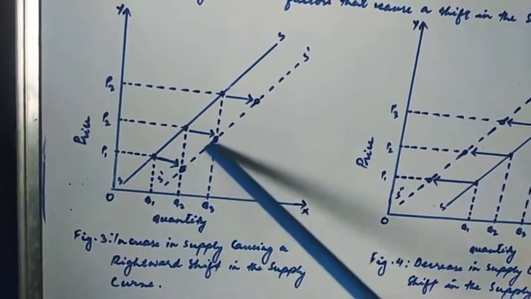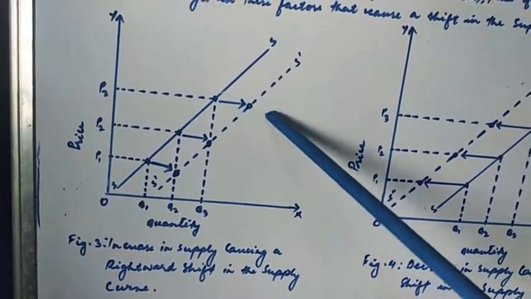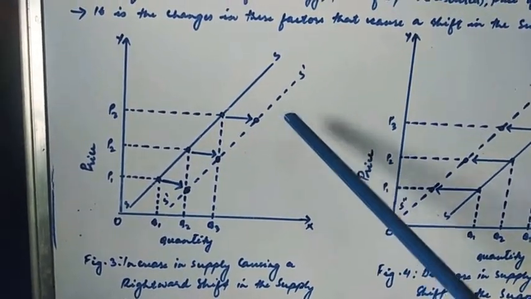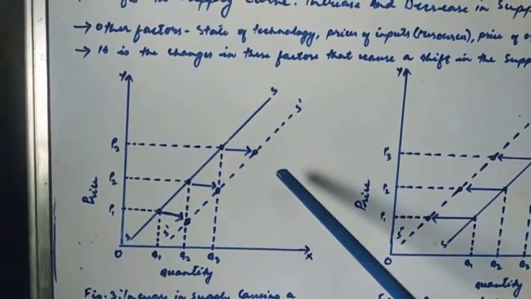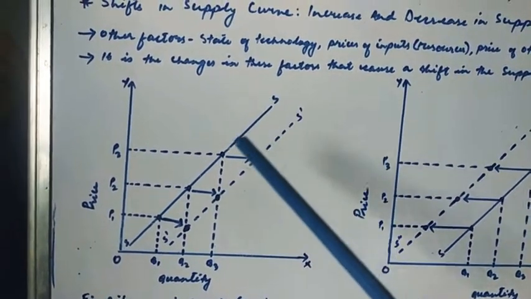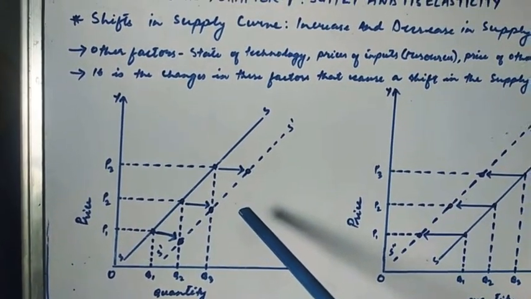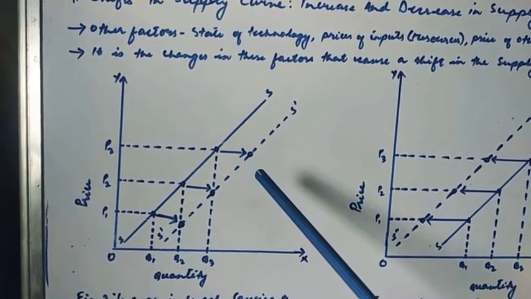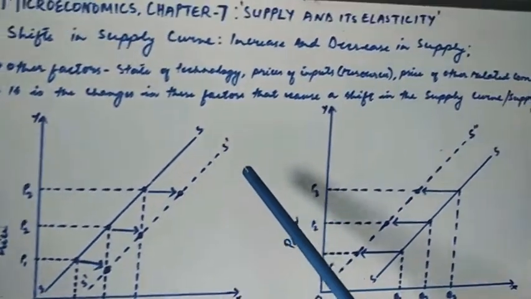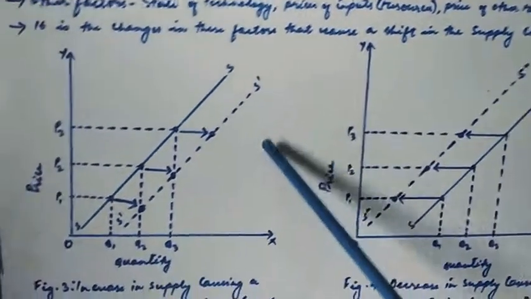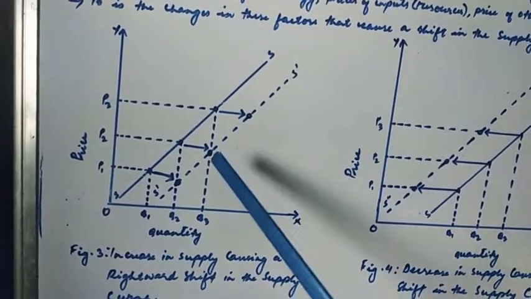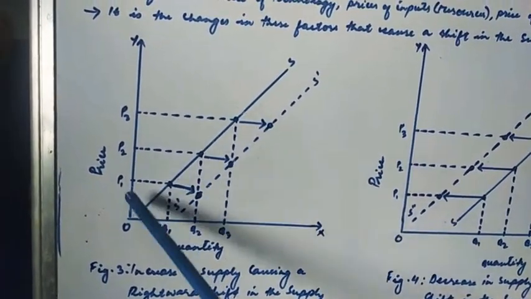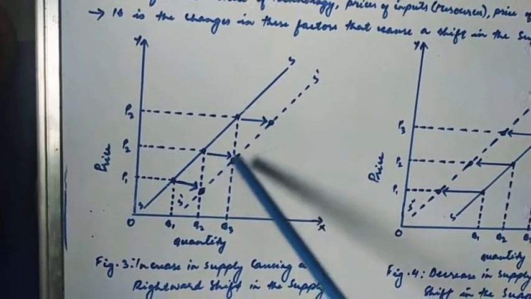So we have seen the shift towards the right of the supply curve because of changes in factors other than price: the state of technology changes, the price of inputs has fallen, and the price of other related commodities has also fallen. Because of that, we are witnessing the shift of the supply curve towards the right.